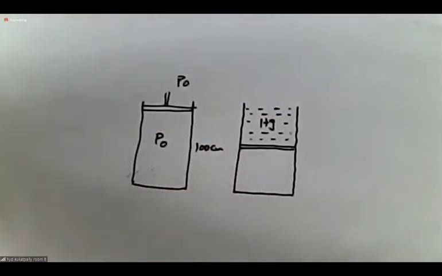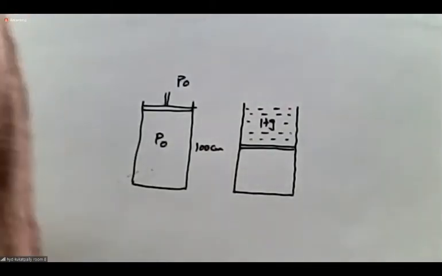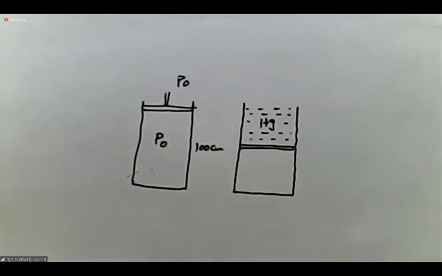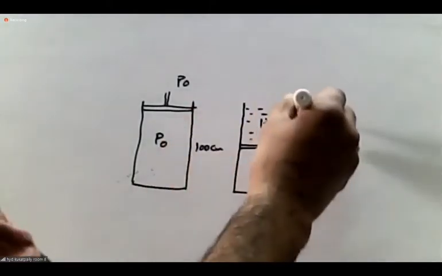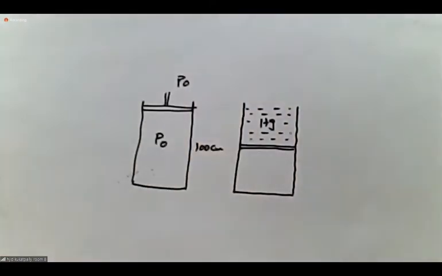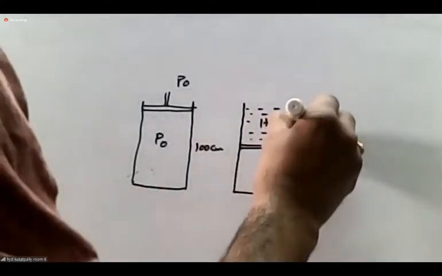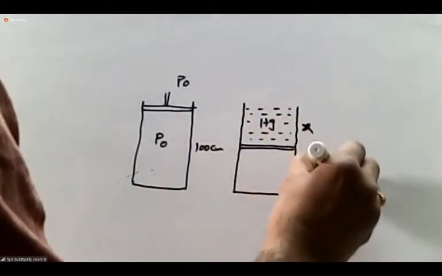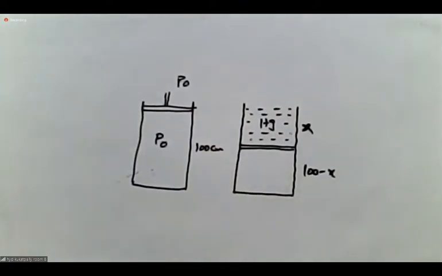You are asked to calculate the maximum height of the mercury column poured, so that equilibrium is possible. What is the maximum length or height of the mercury column that can be poured? Let it be x. This is 100 minus x. That is the hint.